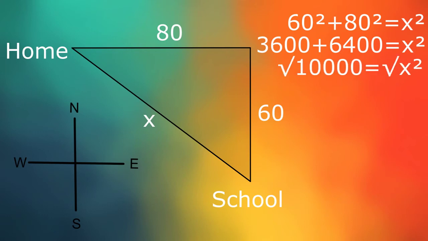Then we need to find the square root of 10,000, which is 100, and the square root of x squared is x. That means that John is 100 meters from school.